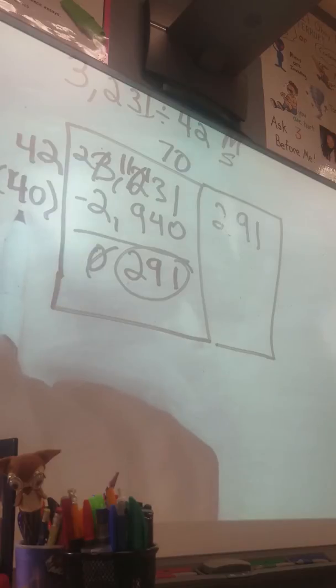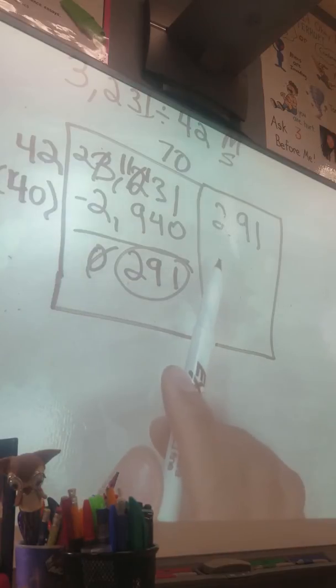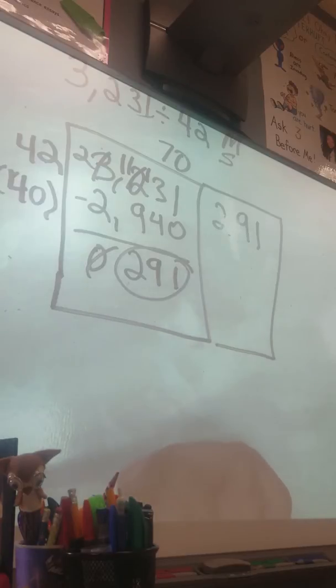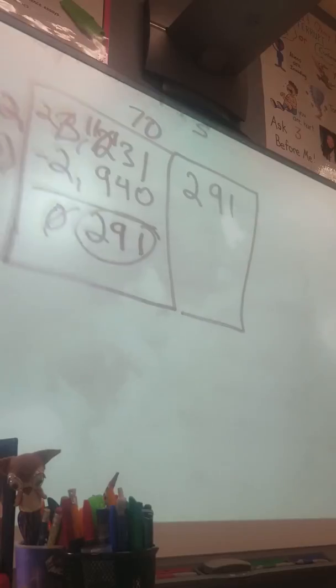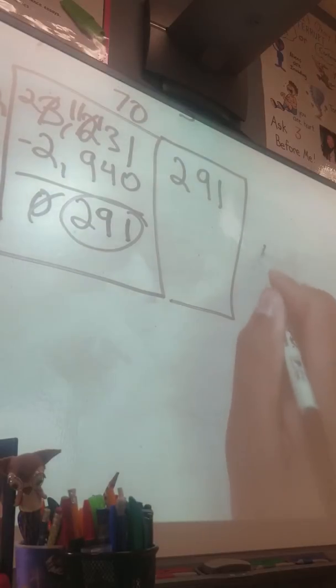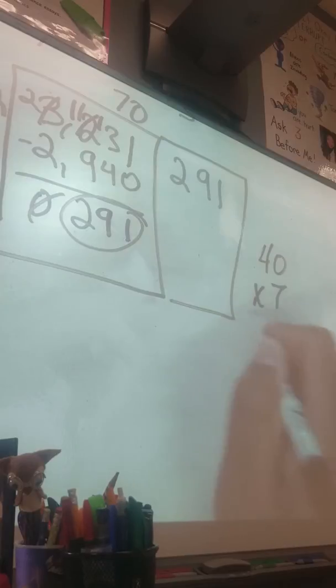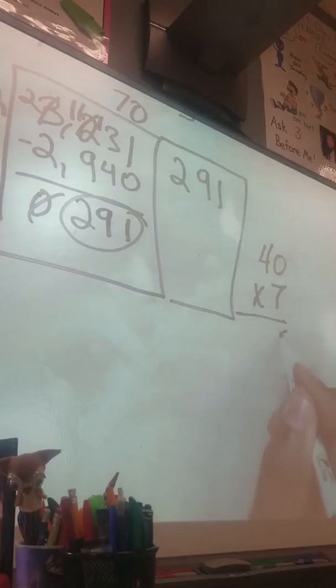How many times could 40 go into 291? Well, let's see. I know that 4 times 7 is 28. So I think I'm going to try 40 times 7 to see if that might help. So 40 times 7. Well, I already know that I'm going to have a 0. And then 4 times 7 would be 28. 280.